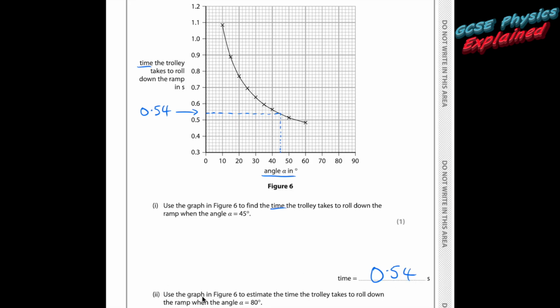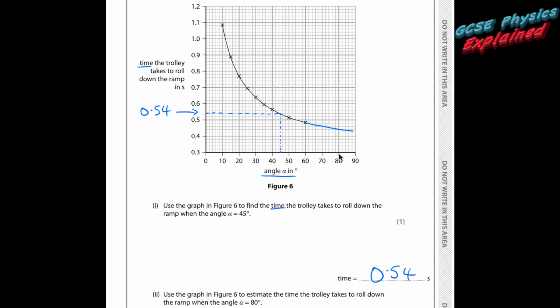Part 2. Use the graph in figure 6 to estimate the time the trolley takes to roll down the ramp when the angle is 80 degrees. Right, we're going to have to continue the graph. So it's coming down like that, it's starting to curve, and it's going to come over there like that.